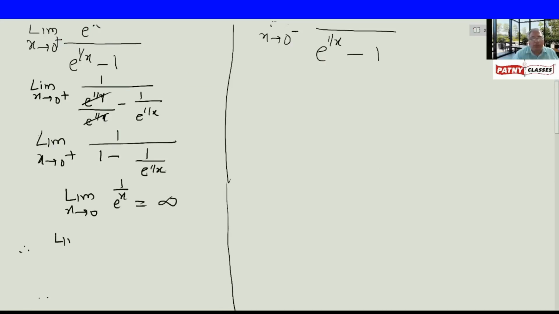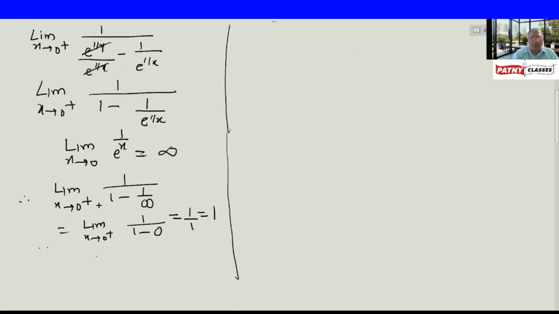Therefore, limit x tending to 0 plus 1 upon 1 minus 1 upon infinity equals limit x tending to 0 plus 1 upon 1 minus 0, because 1 upon infinity equals 0, that is equal to 1 upon 1 equals 1. Therefore, limit x tending to 0 plus f of x equals 1.